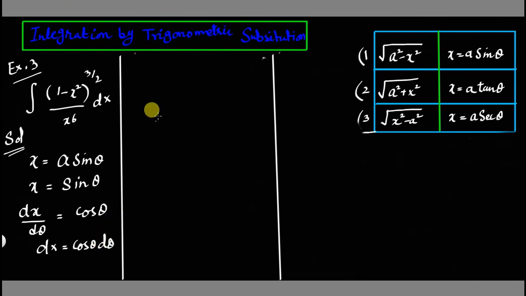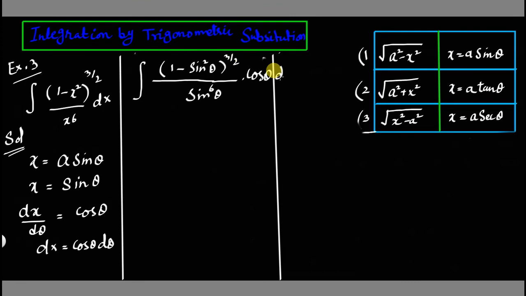So this is very simple substitution, and we can replace the question in other variable. 1 minus x square is 1 minus sin square theta, raised to the power 3 by 2, divided by x replaced by sin 6 theta, and the value of dx is cos theta d theta.